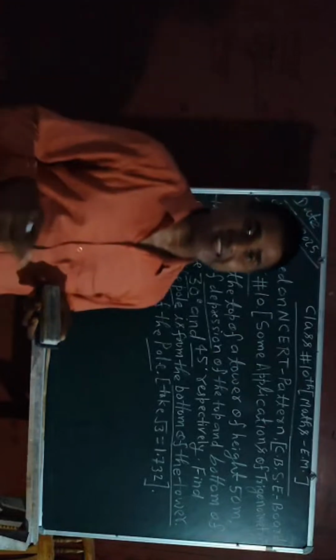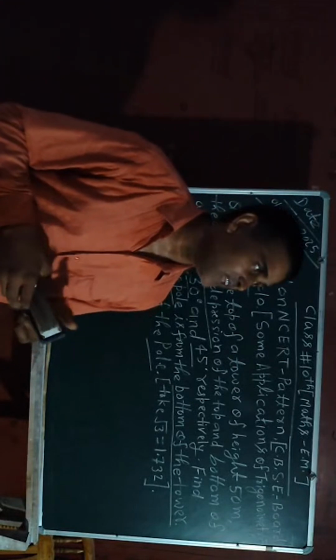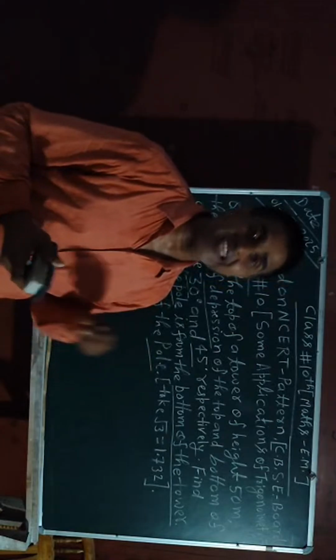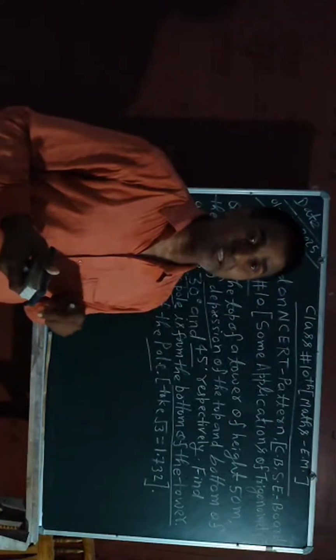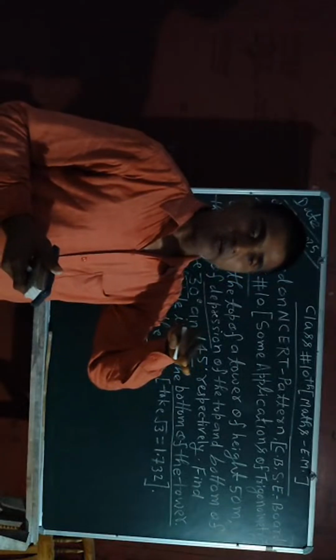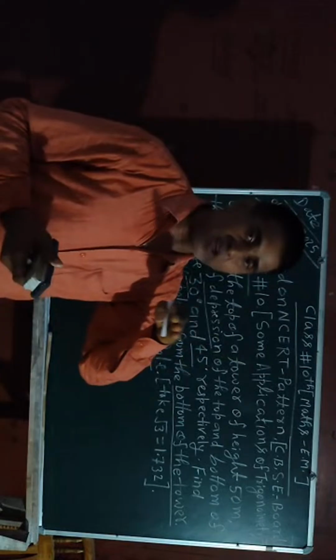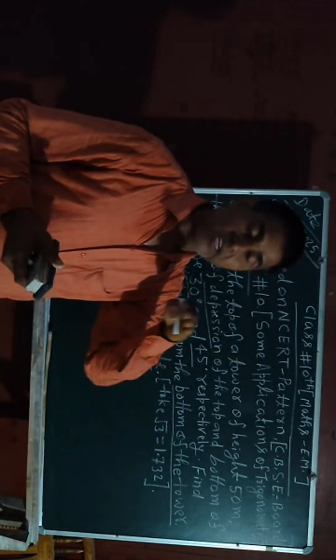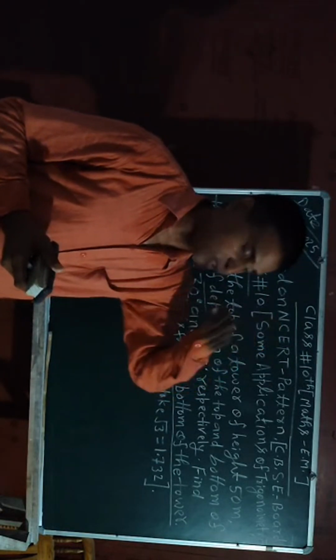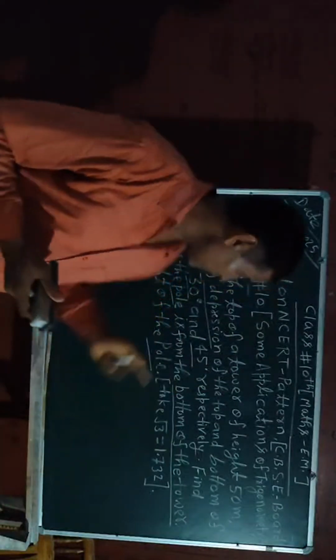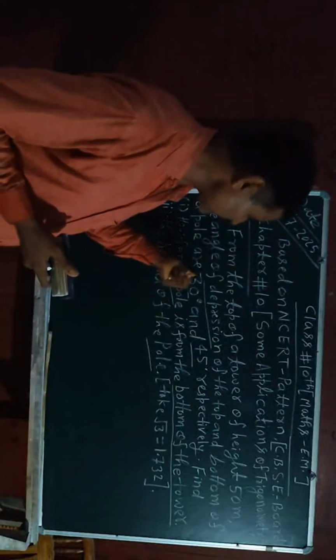Angle of depression is obtained when an observer is looking down from the top of the tower. When the observer looks from the top of the tower to the bottom, one time he is looking at the top of the pole.